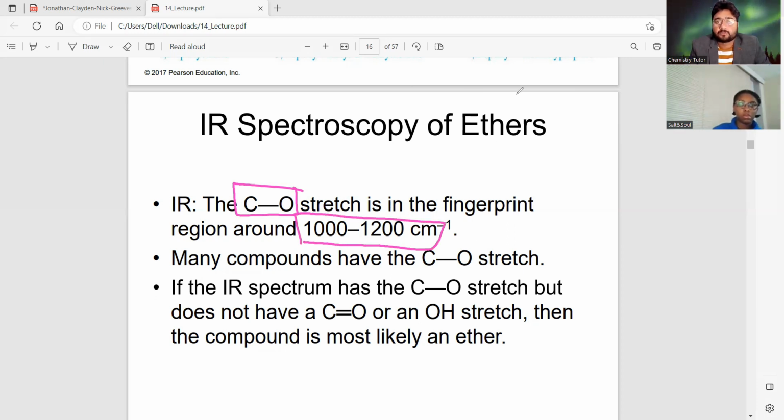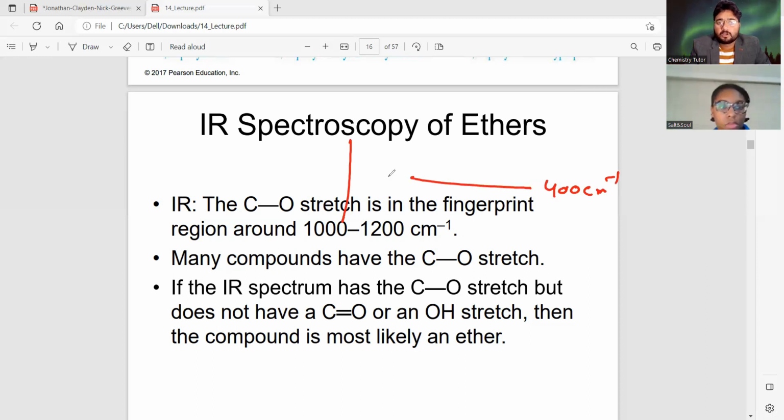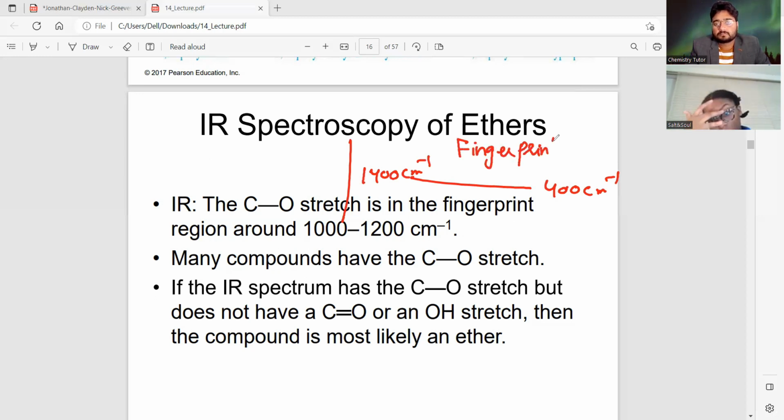inverse. If you remember, the IR spectrum is divided into two regions: from 400 centimeter inverse to 1400 centimeter inverse, this region is called the fingerprint region, and from 1400 to 4000 centimeter inverse, this region is called the functional group region.